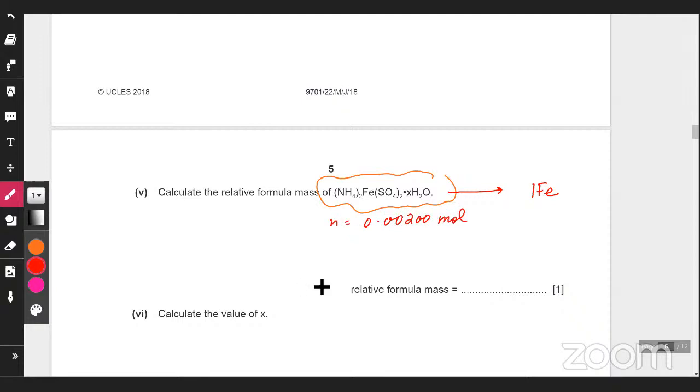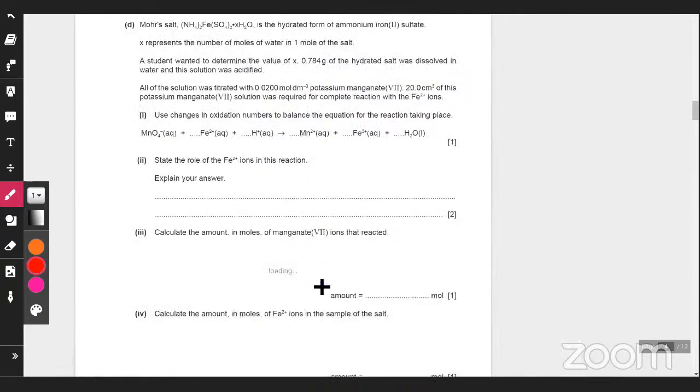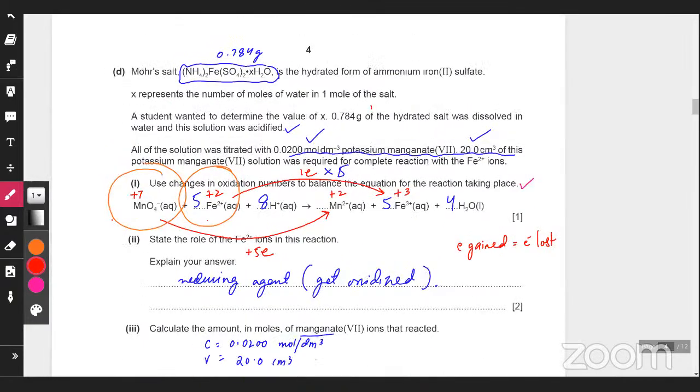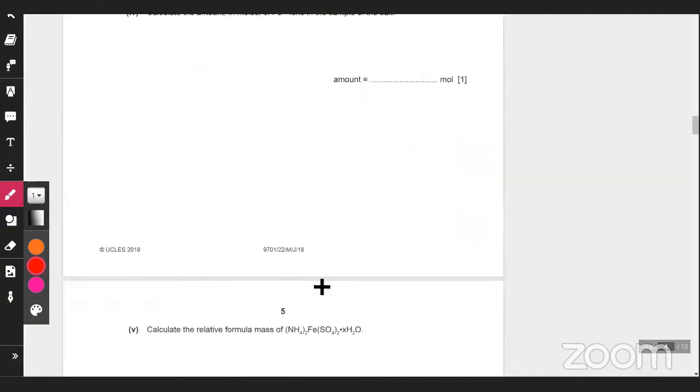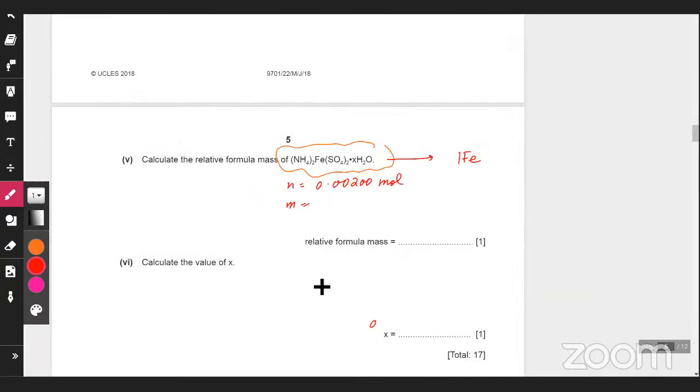So that's your moles. You also know the mass. The mass was already given at the beginning of the question. They had told us that it was 0.784 grams. So we know the mass.